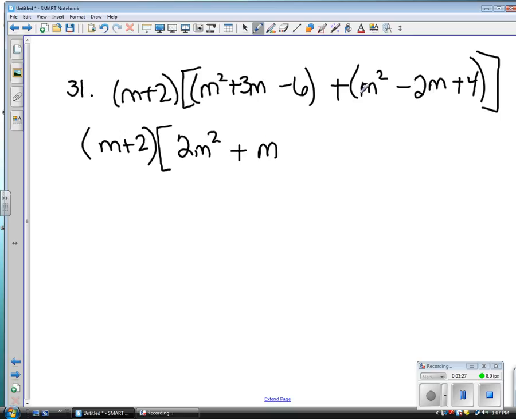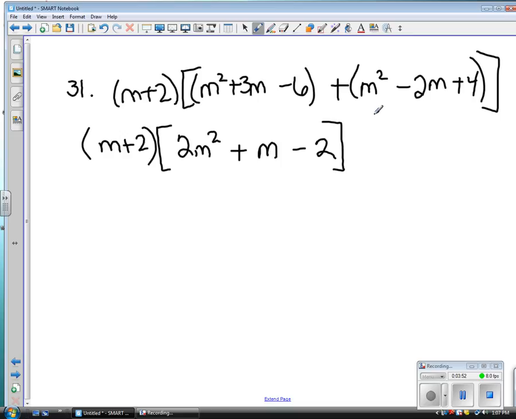Negative 6 plus 4 is negative 2. Because I'm adding, I'm not multiplying. When you multiply is when you add your exponents. Right now I have 1m squared here and 1m squared here, so I have a total of 2m squared.